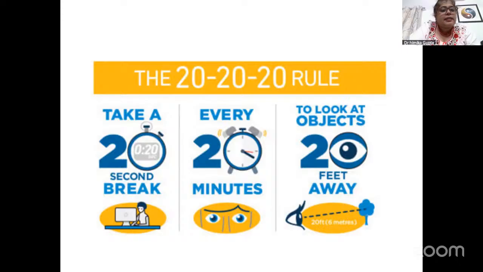So what else can we do? What are the other negotiations that we can do? Because we can't just stop using digital media. One is the 20-20-20 rule, which is very famous, and I've also put it up in my clinic. And I would say that all of us here who are practitioners should put this up in our clinics, because everybody's exposed to digital media. So take a 20-second break for every 20 minutes of screen time and look at an object 20 feet away.